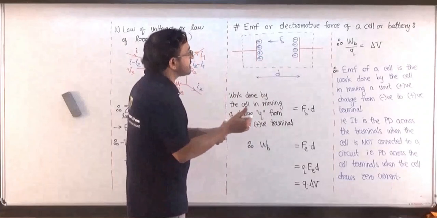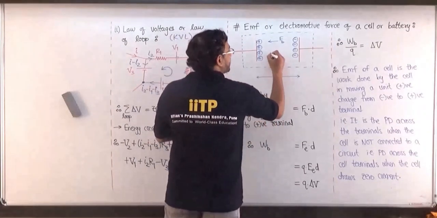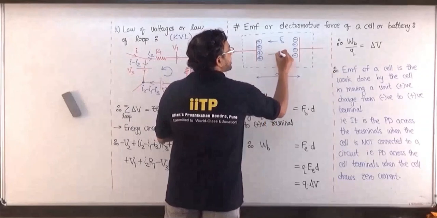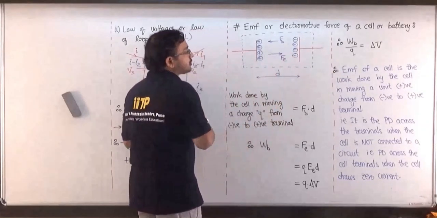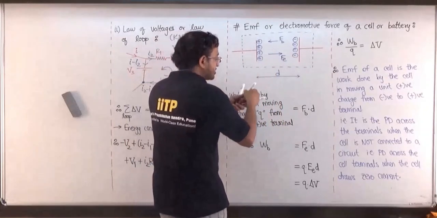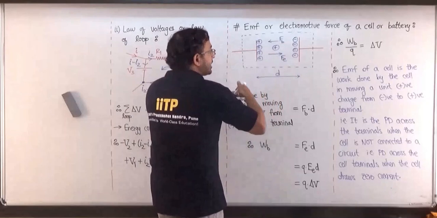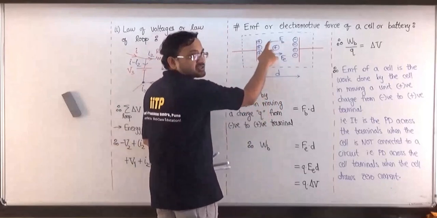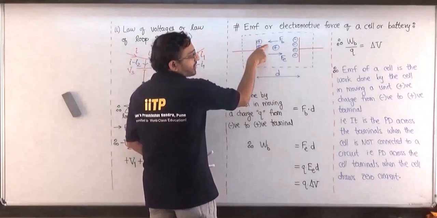So now we realize there is an electric field like this, and that electric field is causing an electric force or electrostatic force. So whatever charge is here, we realize this charge in this space is experiencing two forces. The first force is the battery force.